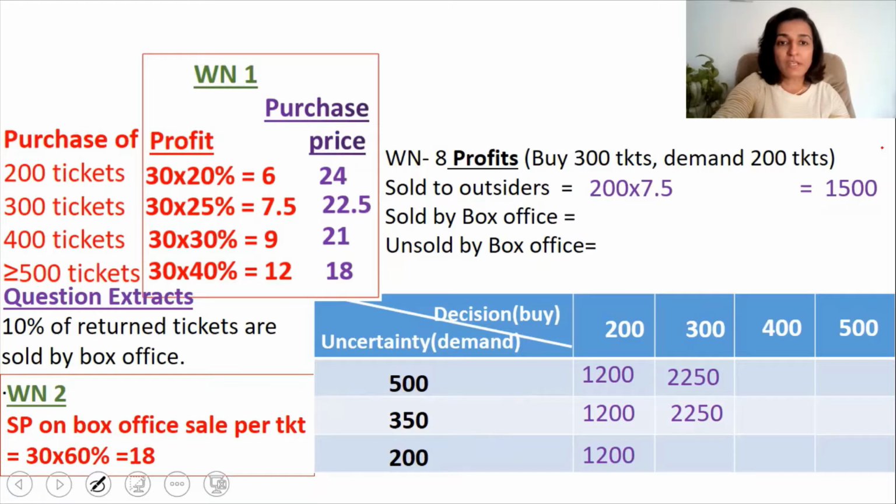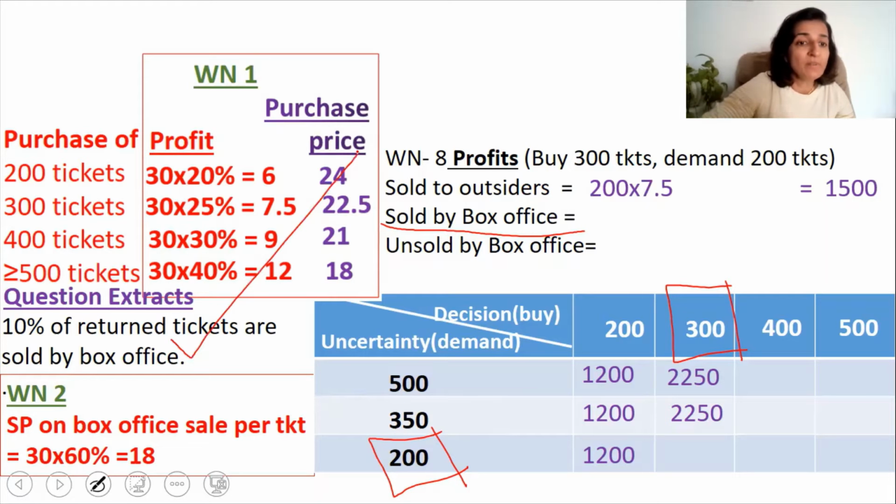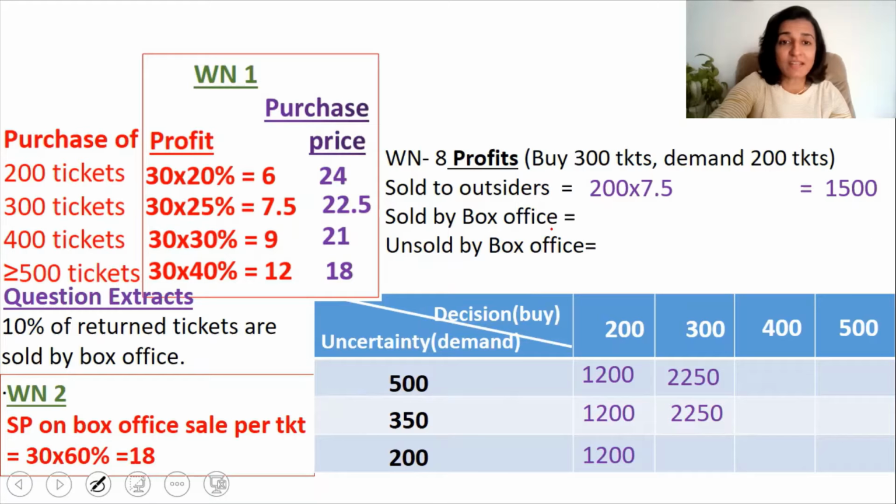Now coming to the quantity which is sold by the box office. 300 tickets he bought. 200 tickets was the demand. So he was able to sell only 200, which means that 100 tickets is unsold with him. He takes it back to the box office and it is mentioned in the question that 10% of the return tickets are sold by the box office, which means that sold by the box office is 100 tickets, that's a return ticket, multiplied by 10%.